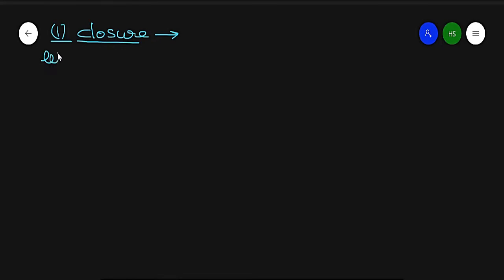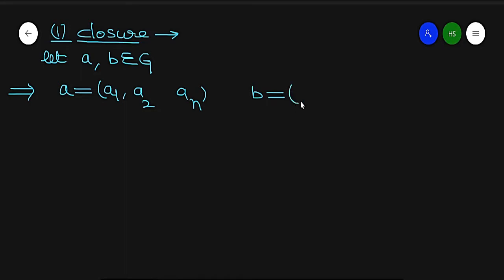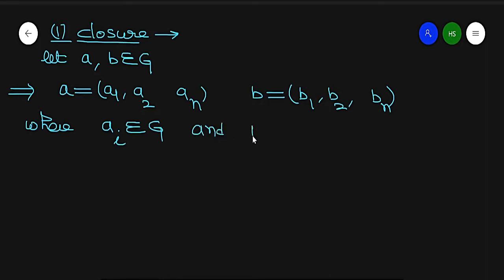Now if I take two elements a and b belonging to G, very carefully, it means these elements are of this kind: a = (a1, a2, ..., an) and similarly b = (b1, b2, ..., bn), where each ai and each bi belongs to Gi.